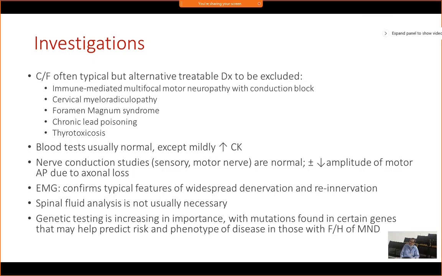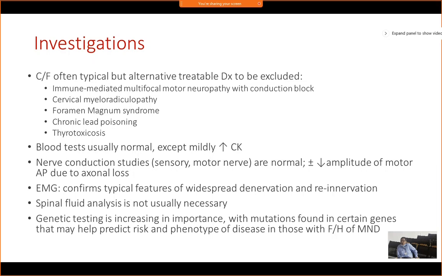The blood tests are usually normal, except for mild elevation of the CPK because of destruction of muscles. Nerve conduction studies, both sensory and motor, are normal. There may be a reduced amplitude of the motor action potential due to axonal loss.